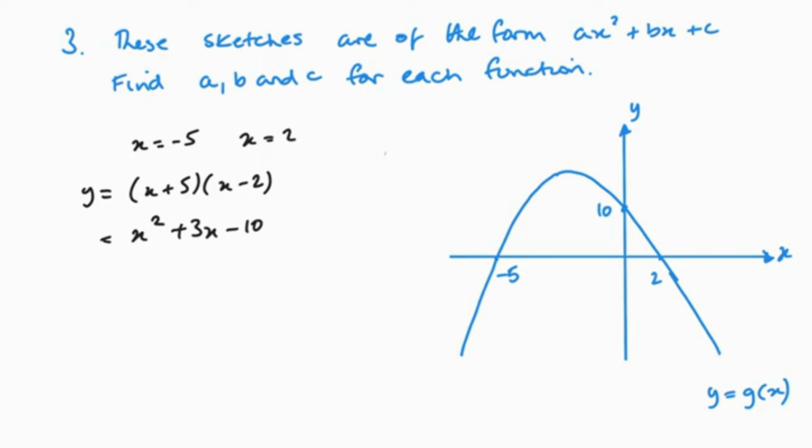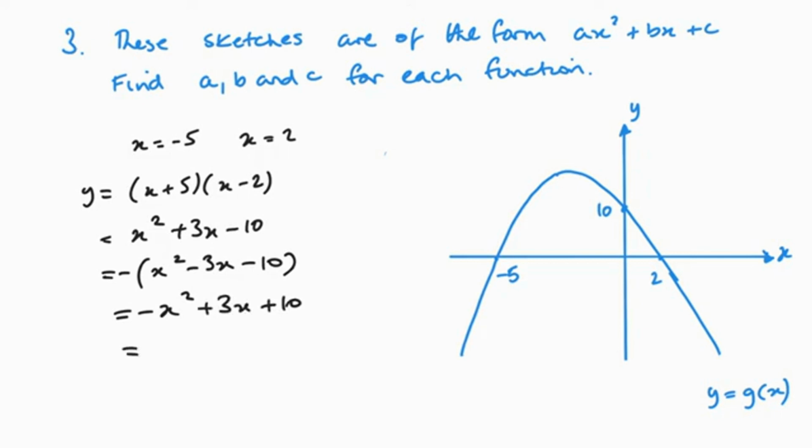Now looking at this, we're almost there actually. We've got a minus 10, but we need a positive 10. And obviously we also need that negative x squared, not that positive x squared. So if we multiply everything by negative 1, then we'll get that: minus x squared plus 3x plus 10.